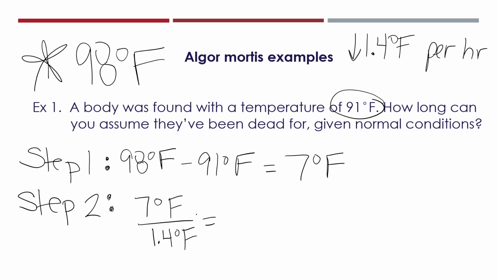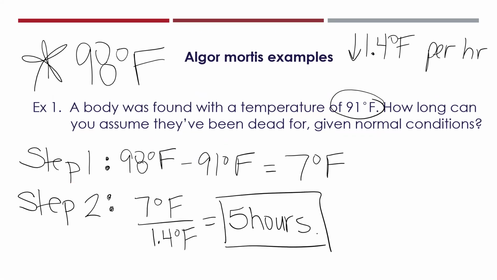So 7 divided by 1.4 gives me 5. So we can say that this person has most likely, given normal conditions, been deceased for about 5 hours. If it's under 12 hours, if this number is under 16.8, you just have to do one step after.